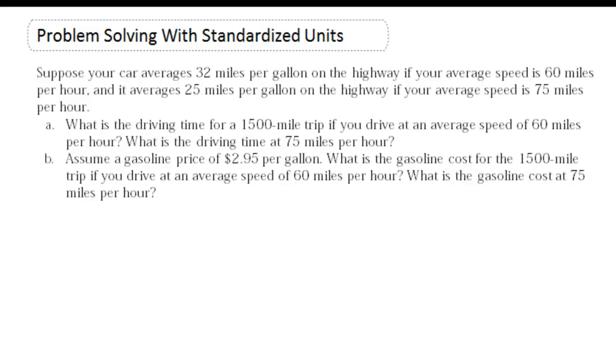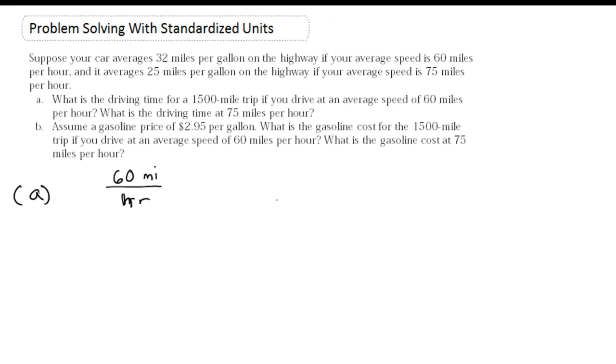Okay. So A says, what is your driving time for a 1,500 mile trip if you drive at an average speed of 60 miles per hour? And what is the driving time at 75 miles per hour? So two parts actually to A. So here's the 60 miles per hour.